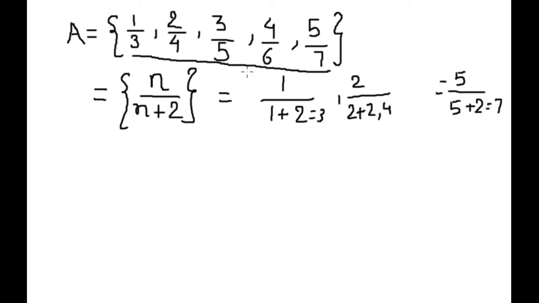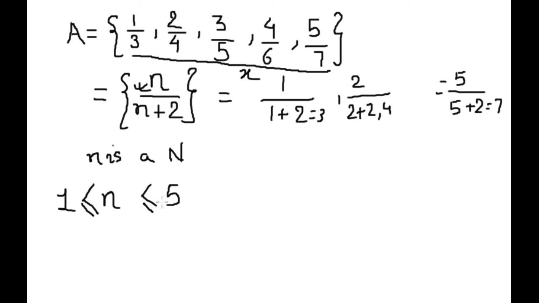This we will denote by x, and this is n. n is a natural number 1, 2, 3, 4, 5, where this natural number should be greater than or equal to 1 and less than or equal to 5.